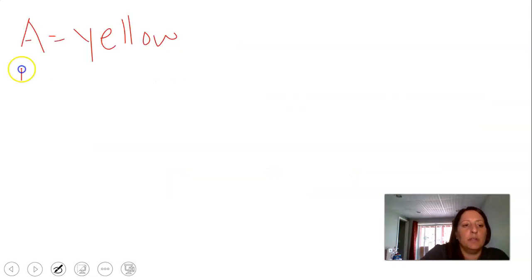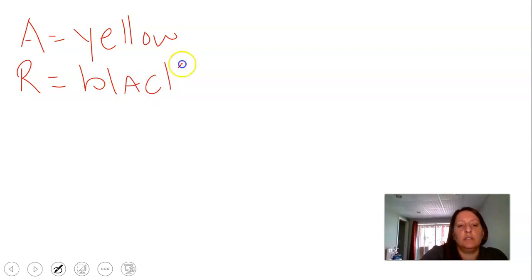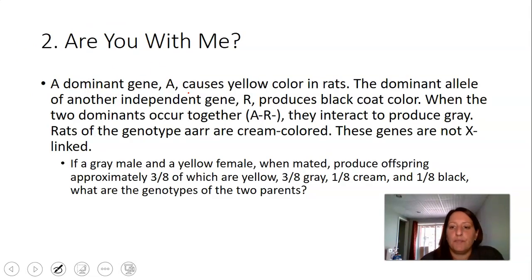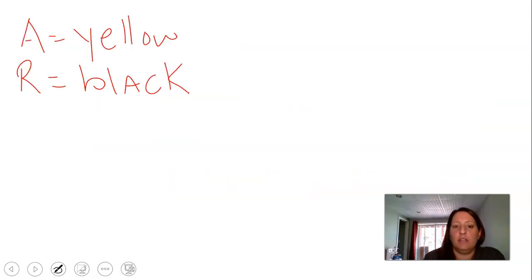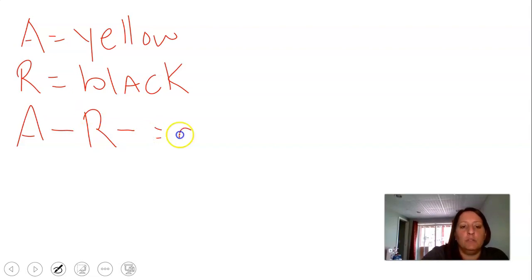So big R equals black. When there are two dominants together, they make gray. So big A dash, big R dash equals gray.